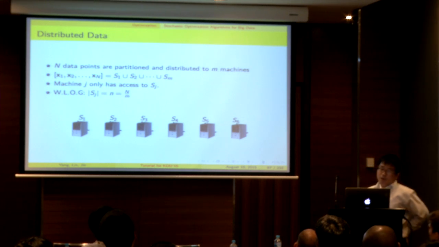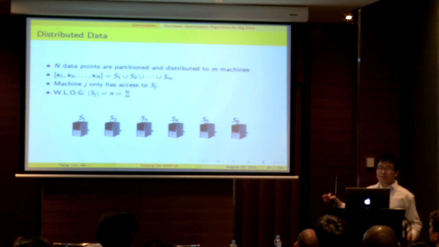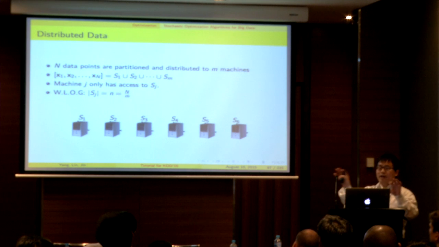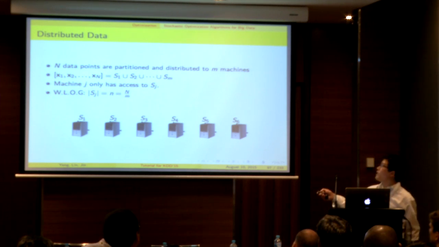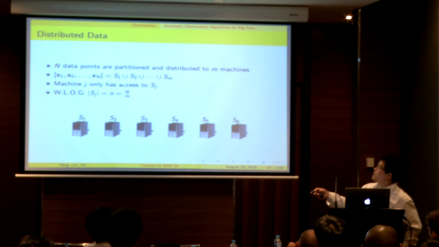Here we assume we have N data points. Now we have a capital N because it's the total size of the data, not a single machine's data. We partition them in a disjoint way into small data sets S1, S2 to Sm. Small m here is the number of machines. Each machine receives one of these partitions, but it only has access to its own data.